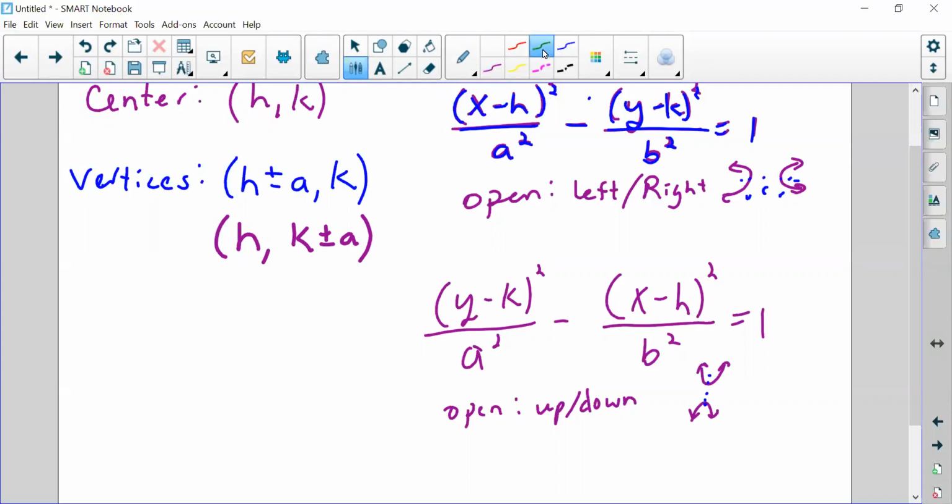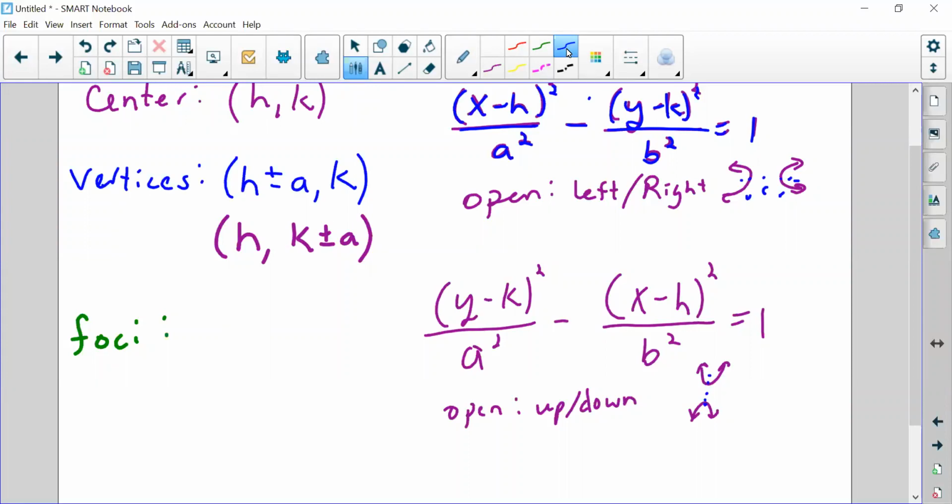Likewise for foci, notice that our x's change when it's left and right, and our y stays the same, the same height.